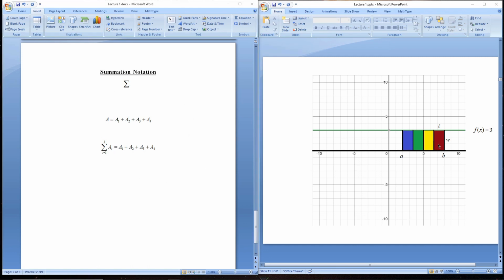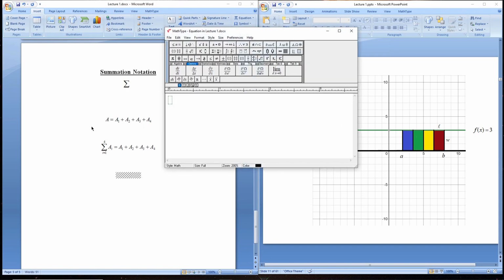But first, before we get into doing any of that, since the summation symbol may be new to some people, let's do a quick few examples on how you would use it. I'll just make something up here. Let's say we have some new expression, call it B sub i, and this equals 2 times i.